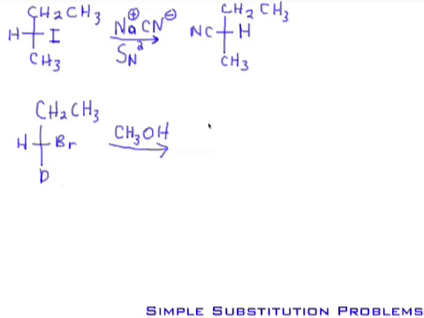Weak nucleophile favors SN1. So what does SN1 do to chiral centers? SN1 gives you racemization. The nucleophile will replace the bromine. The H will leave, so you'll have an ether, OCH3. And you get a racemate with SN1.